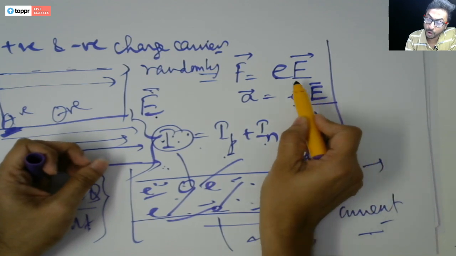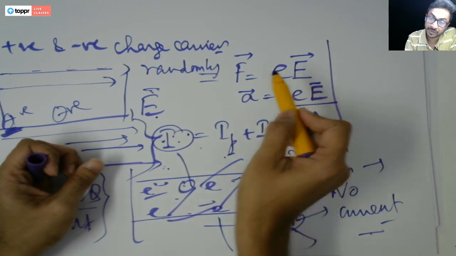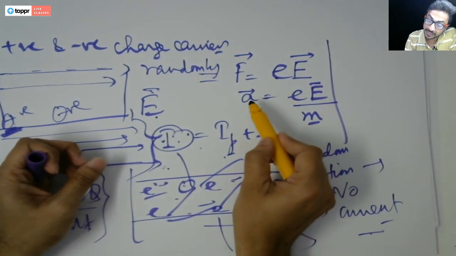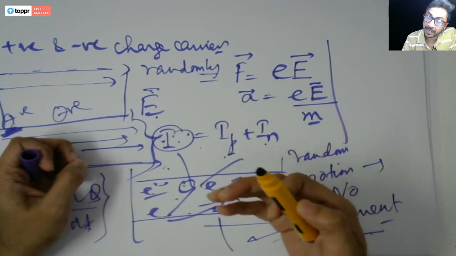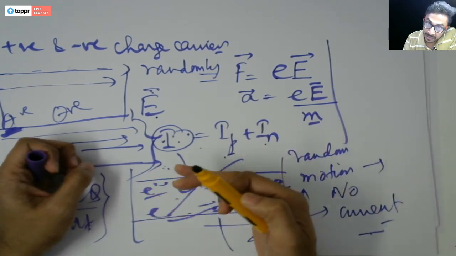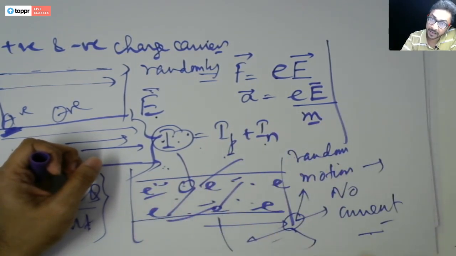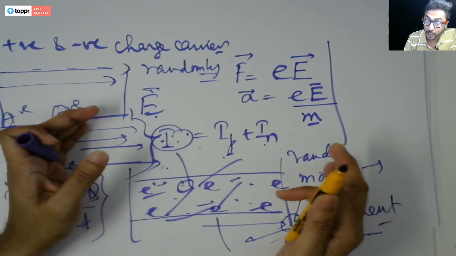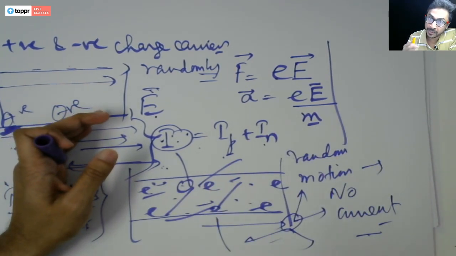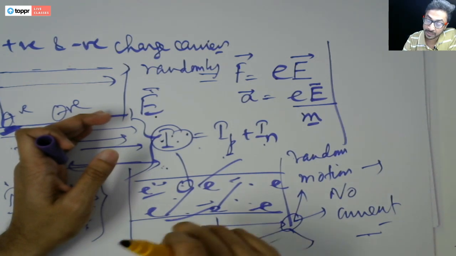Now if we go on applying this electric field indefinitely, the acceleration is also applied to the electron indefinitely. It means the electron is gaining speed and finally it can reach infinity, which does not actually happen.